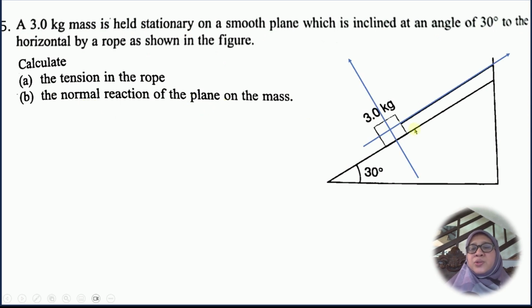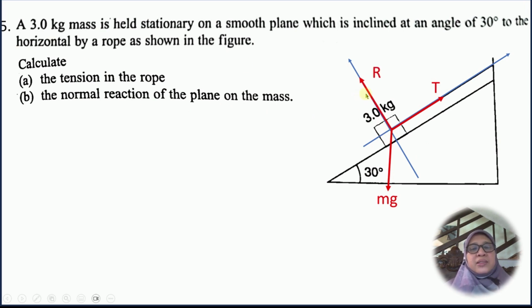Okay, so we choose a Cartesian plane where the x-axis is along the plane and the y-axis is perpendicular to the plane. The rope has tension T, and another force is mg, the weight of the mass.